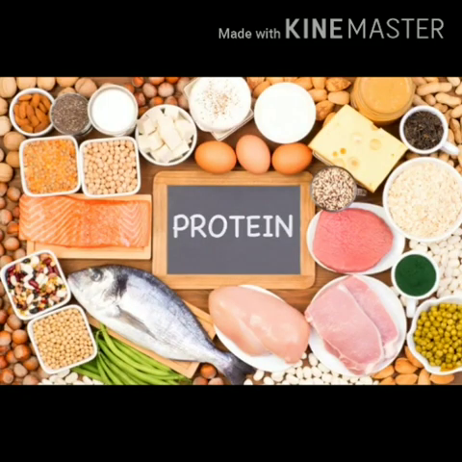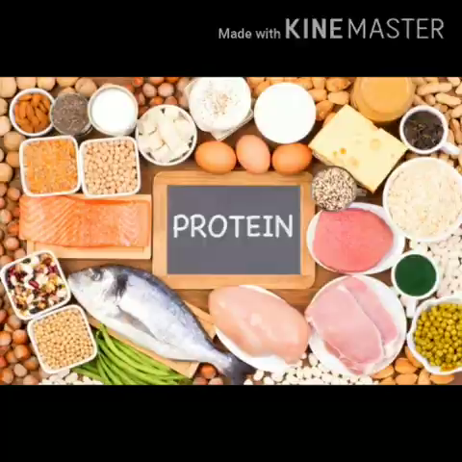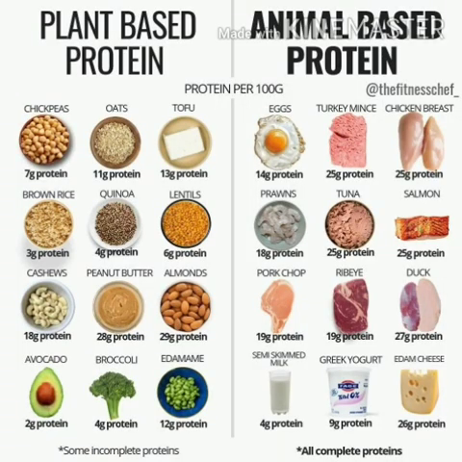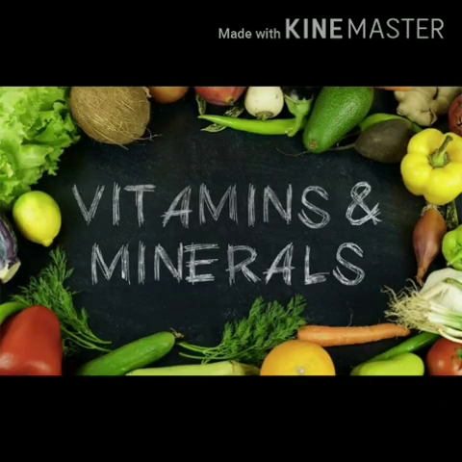Proteins, as we all know, is a bodybuilding food found in animal sources such as eggs, fish, meat, milk, cheese, etc. Plant sources being pulses, beans, etc. They break down into amino acids which can be absorbed into the blood.